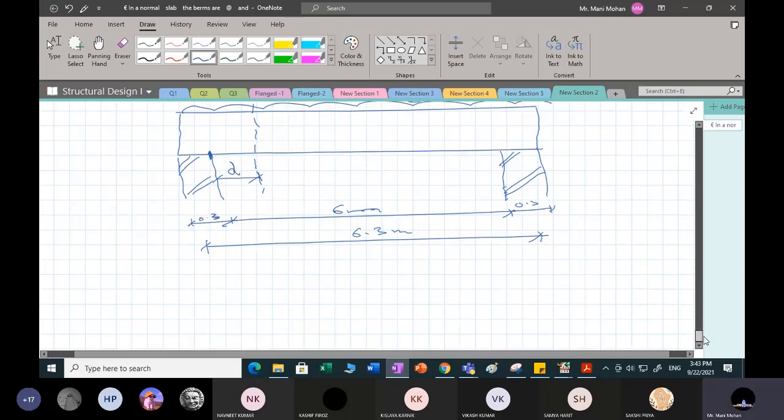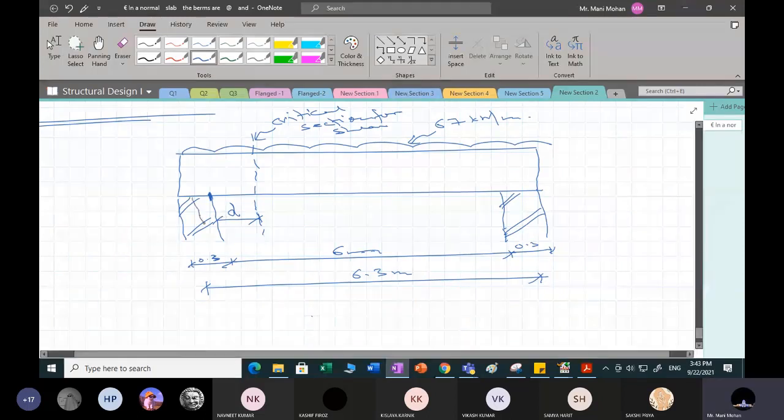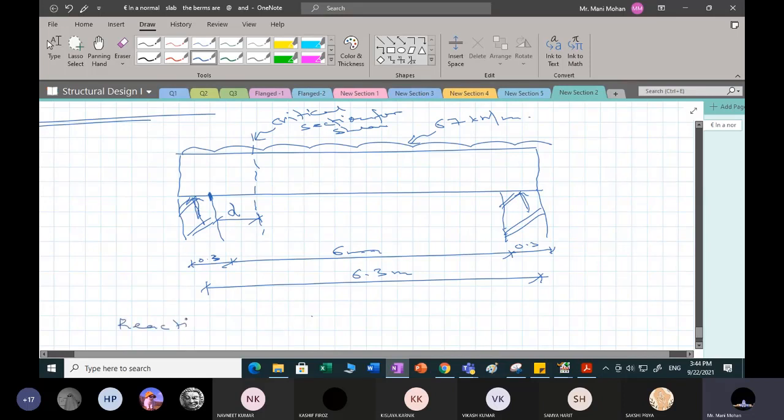So what I can do, I can compute what is the reaction. So what is this reaction at a center? Because if I do the center line modeling, then here your reaction will be present. So I would like to know what will be this reaction. Vu, okay, which will be exactly at the mid support.